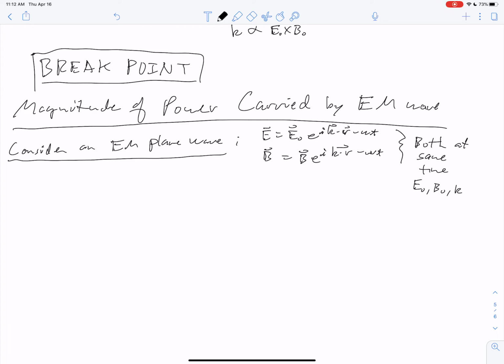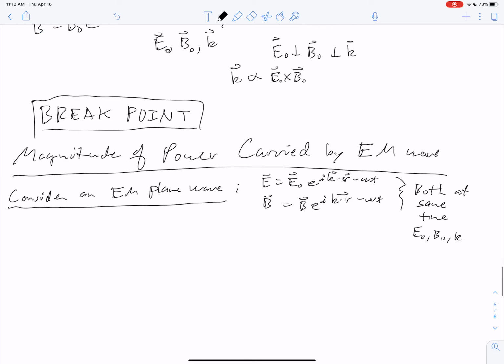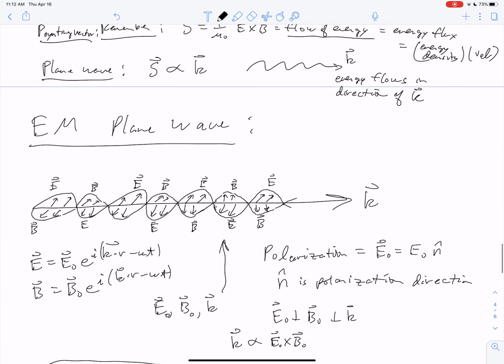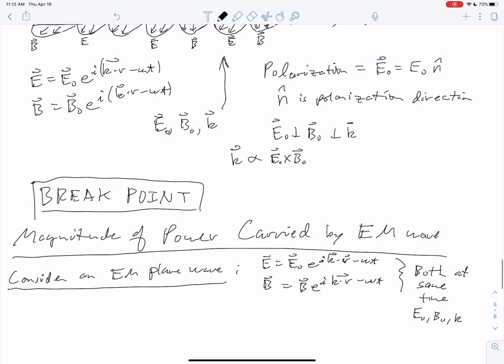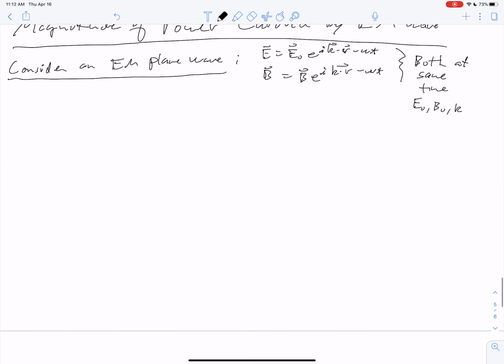Okay, so all those relationships we just derived a moment ago. Suppose I have a plane wave, this funky object that I just tried to draw a picture of here, traveling through the air.